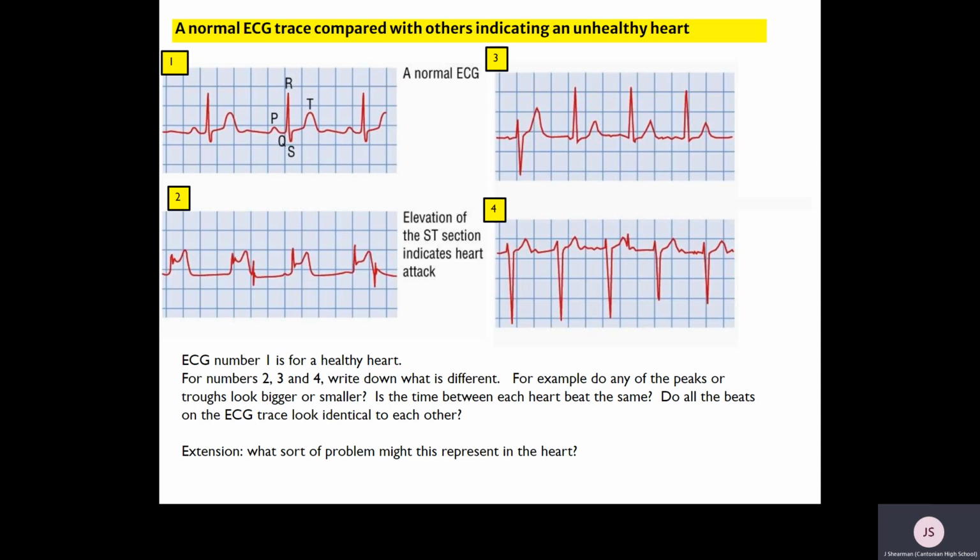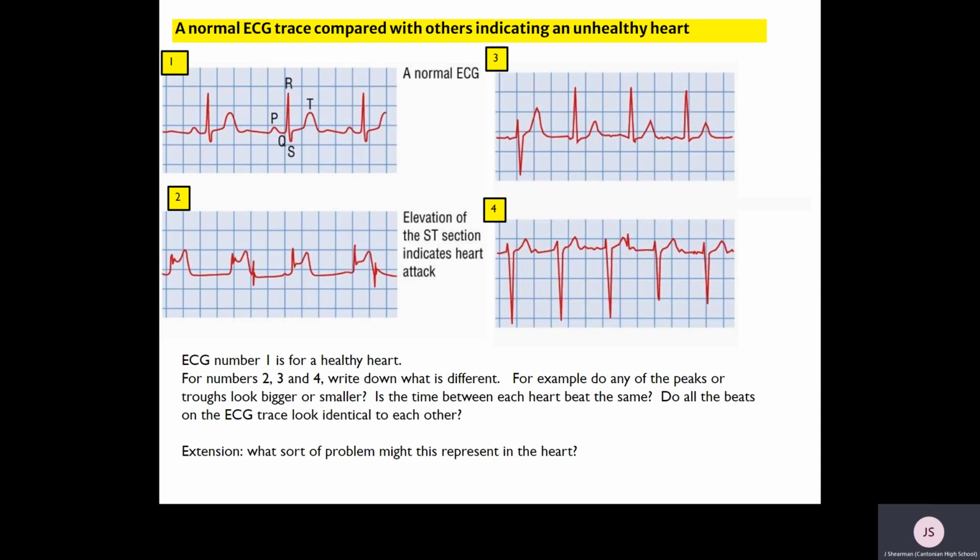Now, in number 3, you might have noticed several things, but from a medical point of view, the most important thing here is that the P wave, the little wave at the start before the QRS complex, is either really small or missing or just not quite right. And that represents something called atrial fibrillation.